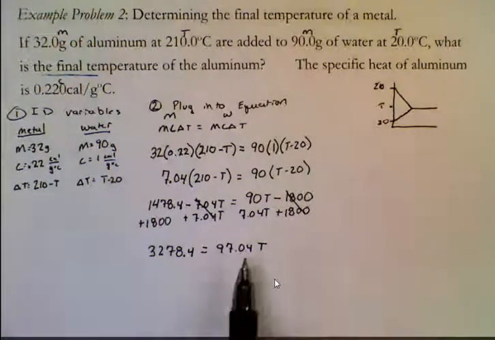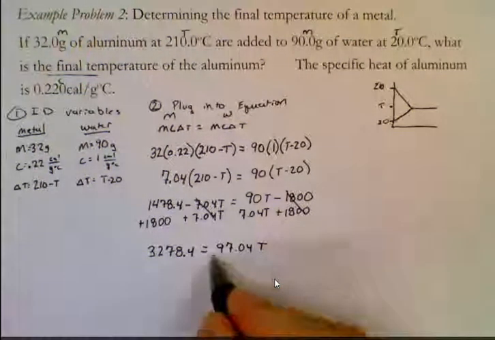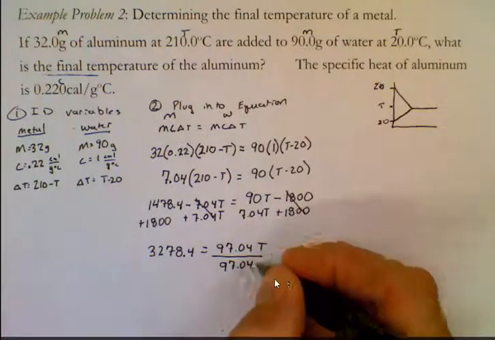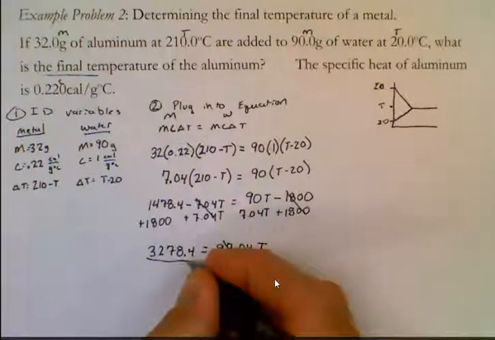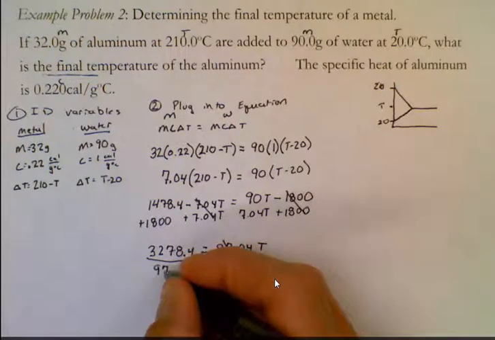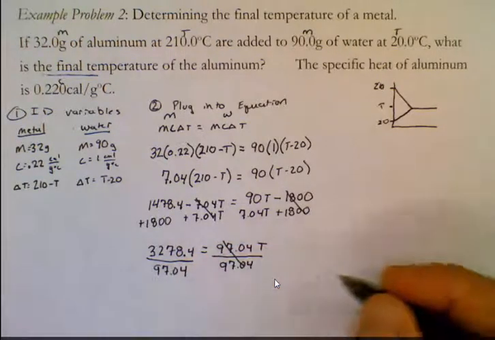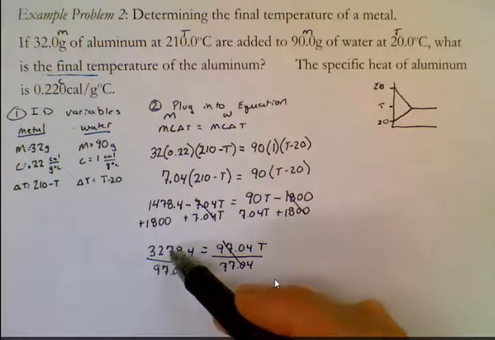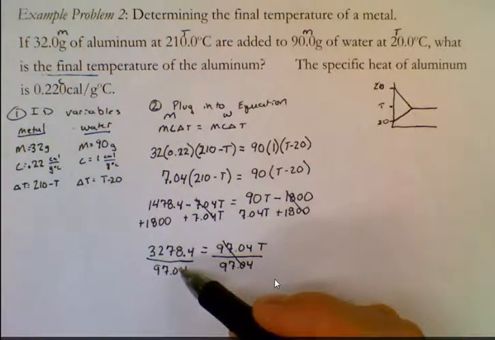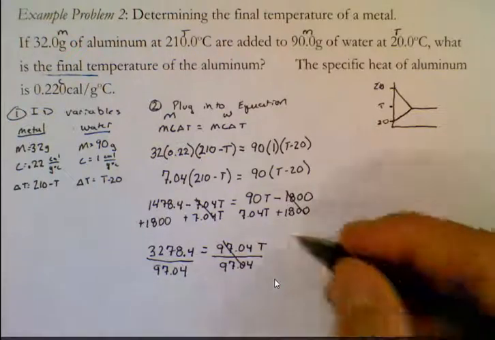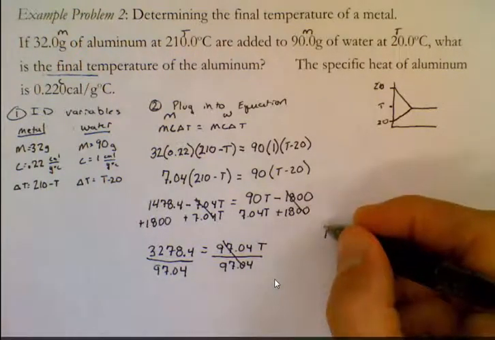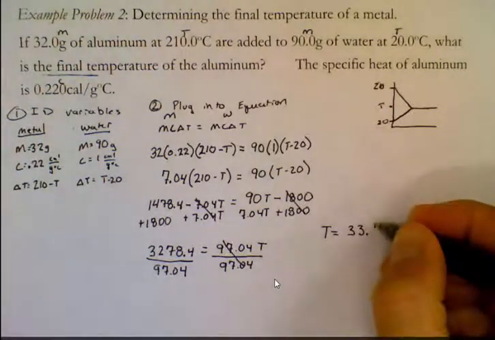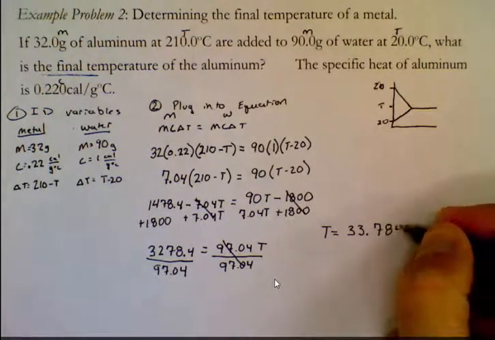Finally, I need to solve for T, so I need to divide by the 97.04, which cancels that. If I do it on one side, I must do it on the other. So T is going to be equal to 3,278.4 divided by 97.04. If I do that, my calculator is going to give me 33.784.